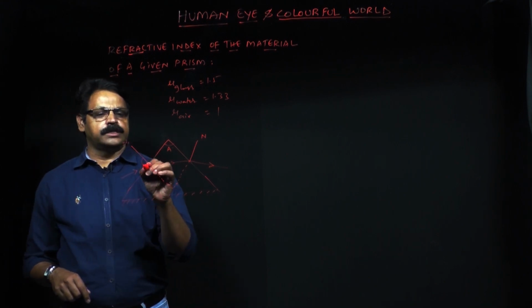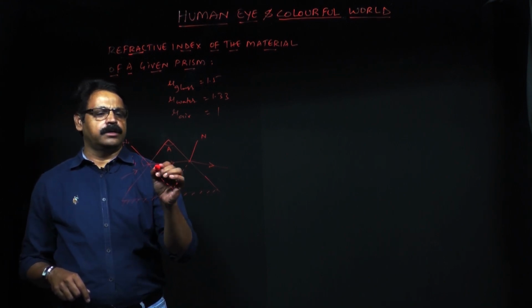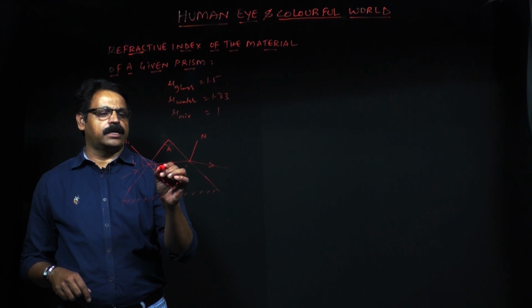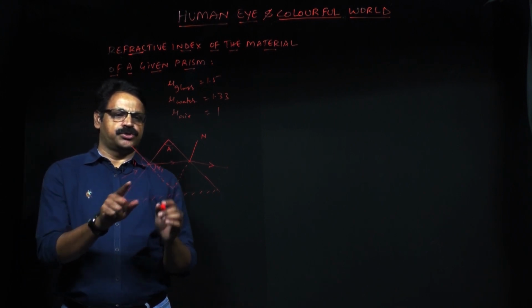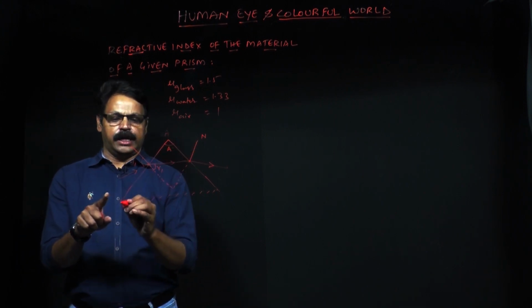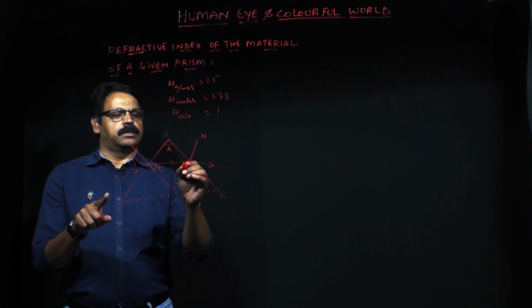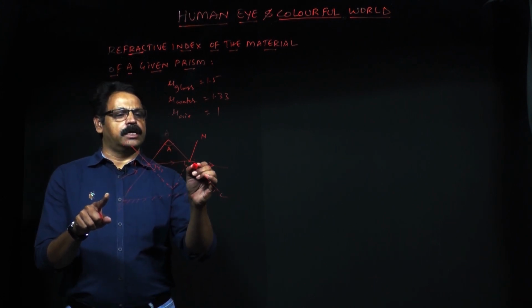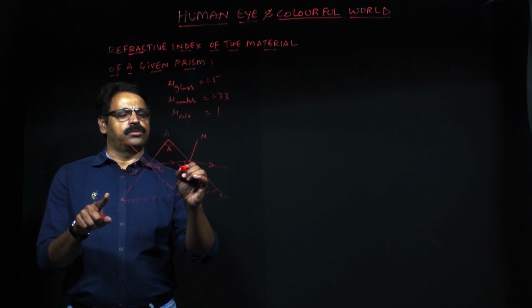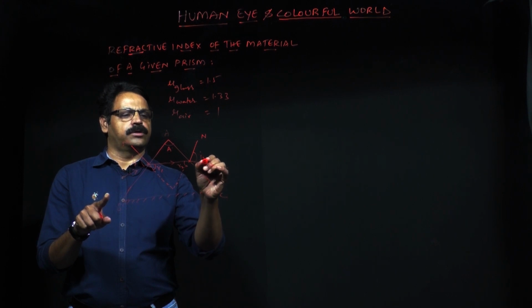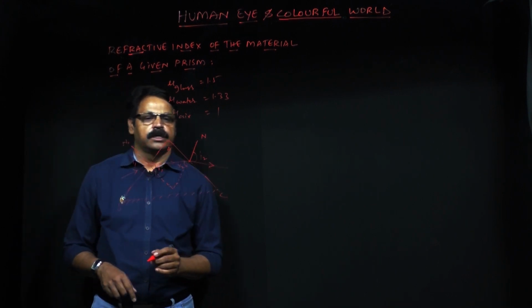Now let us say this is the incidence angle I1, and this is the refracted angle at the first surface, R1. This is the refraction angle 2, R2, and the emergent angle, let us say, is I2. I2 is the emergent angle.